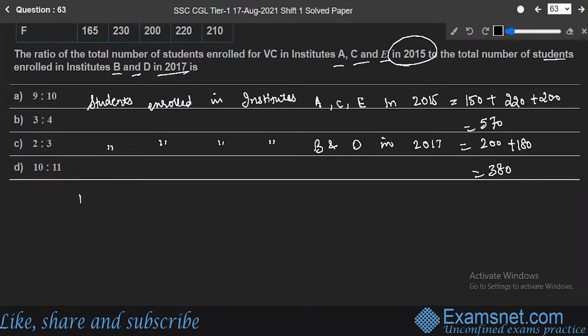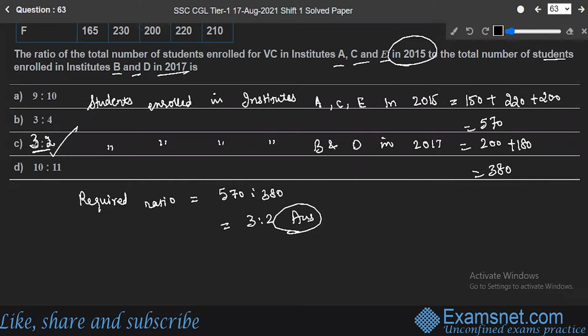Now you have to find the ratio of them. So the required ratio is 570 is to 380, which gives you 3 is to 2 as your answer, right? This option C has to be actually 3 is to 2. So please change this option. This option C is the correct answer.